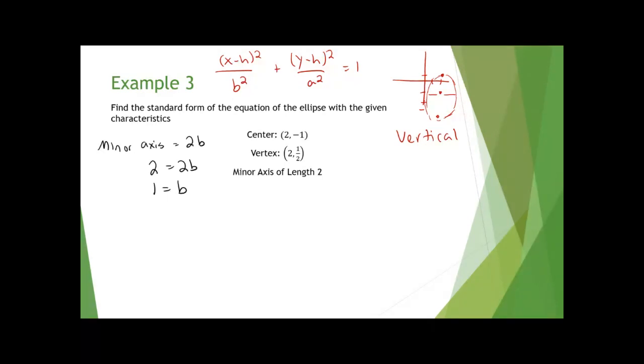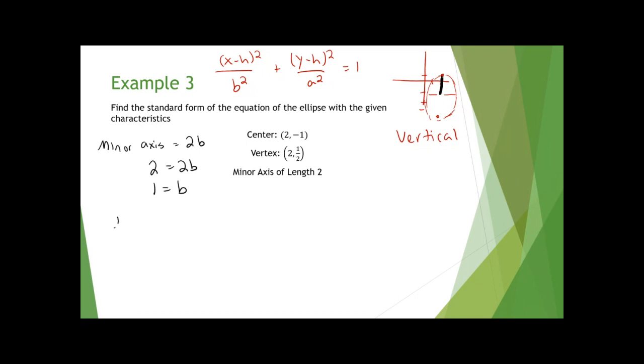And we can figure that out because we actually have part of a. So 2a is the major axis, and half of that, of course, is a, and that's the distance from the center to the vertex. Since that's our y values, we can find a by subtracting those values.